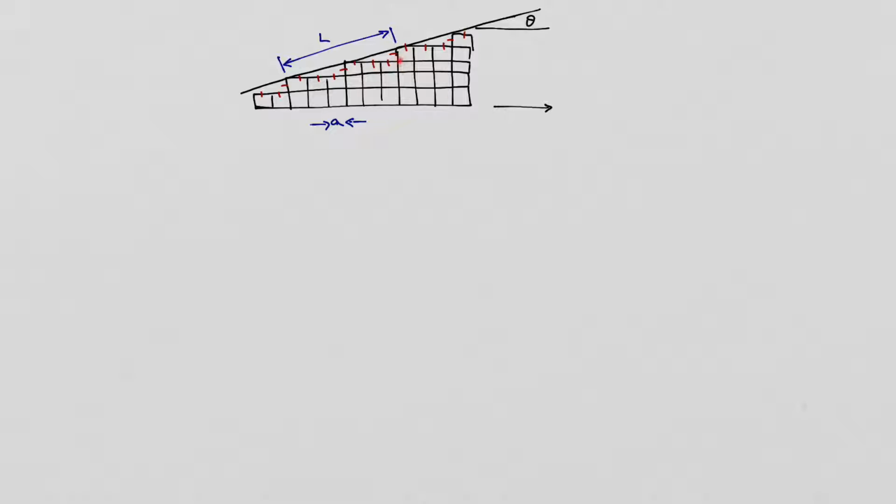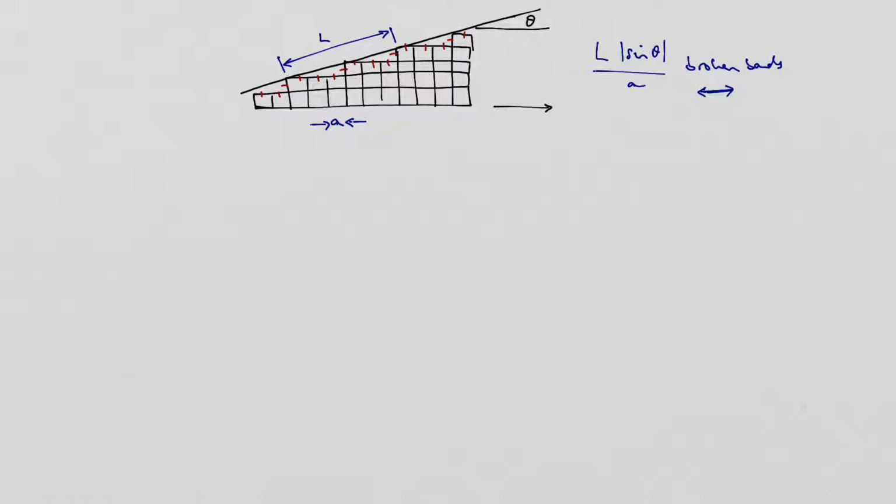In this case it's twice A. So there are L times the sine of theta divided by A broken bonds in this direction, from left to right.